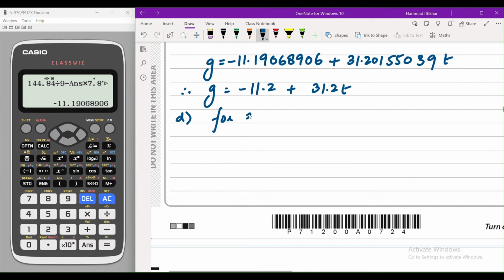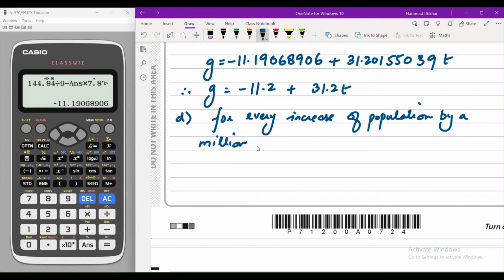So for every increase of population by a million, GDP will increase by 31.2 billion.